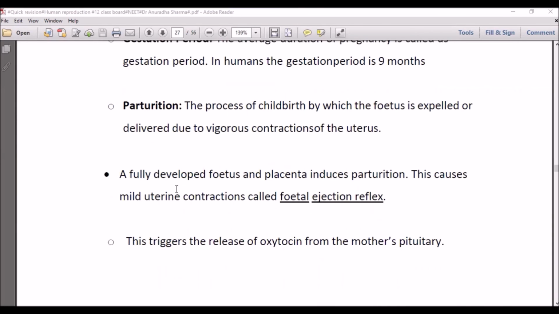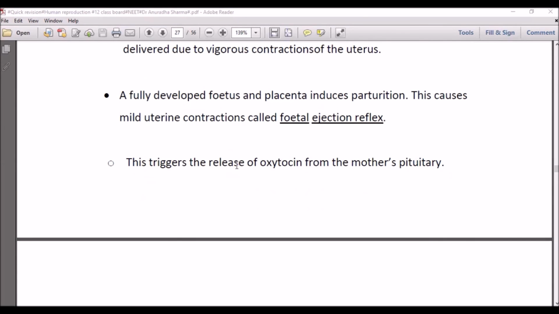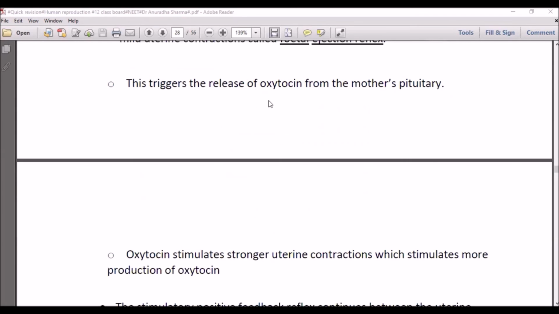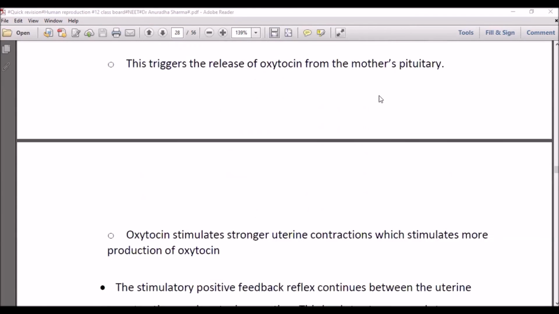Now, after that, we know a fully developed fetus and placenta induce parturition, and this causes mild uterine contractions which are known as the fetal ejection reflex. Because of the fetal ejection reflex, the baby comes out of the uterus. Now this triggers the release of oxytocin from the mother's pituitary.